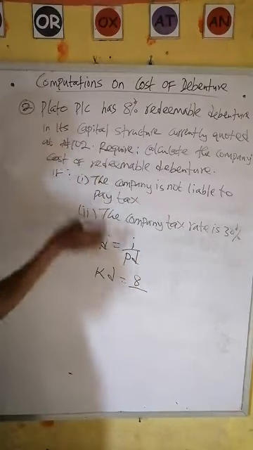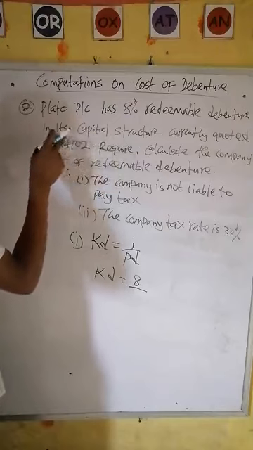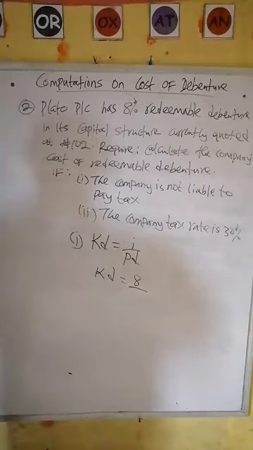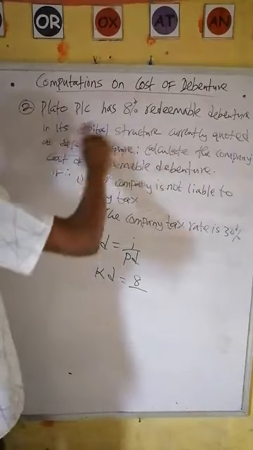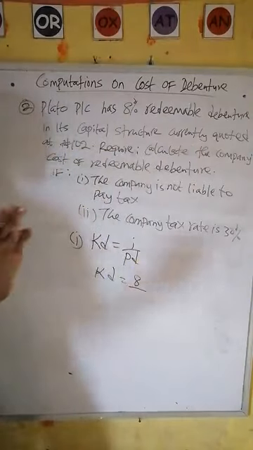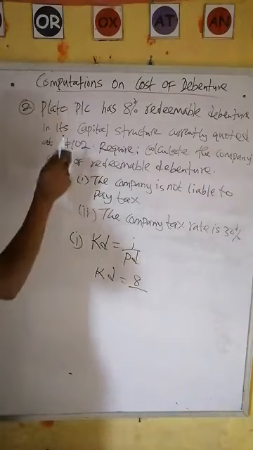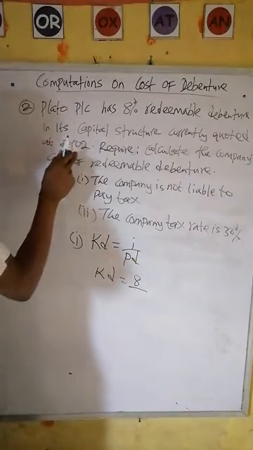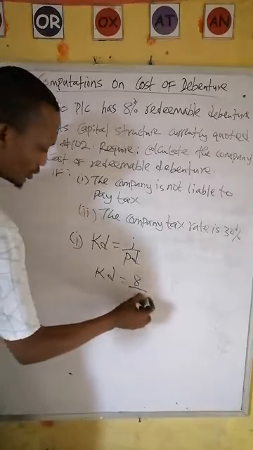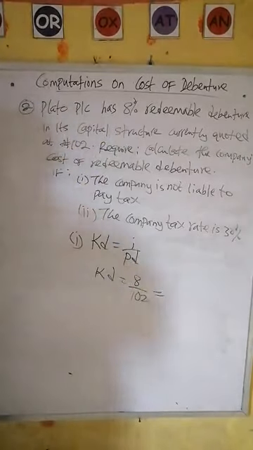When looking at the price of debt, is there any information relating to the interest? Plateau PLC has 8% debenture in its capital structure, currently quoted at this price. They don't give us any other information related to the interest, so we are taking it straight. We use the market value directly, but it does not tell us whether it will soon be paid or not.